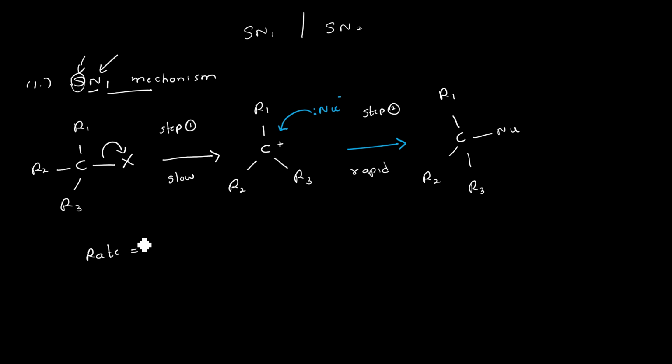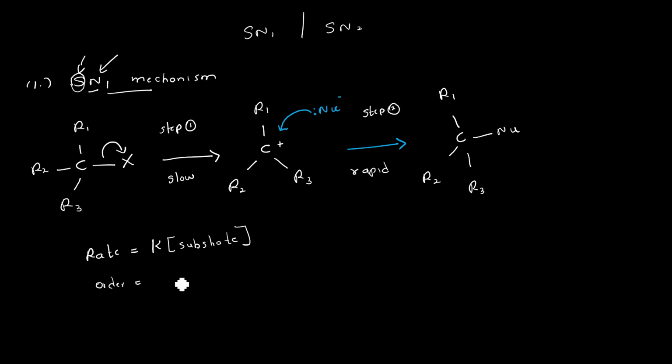Now how can we write the rate expression? You have a rate constant and there's only one component here, which is the substrate. Only the substrate's concentration will determine the rate of your overall reaction. So what is the overall order of the reaction?